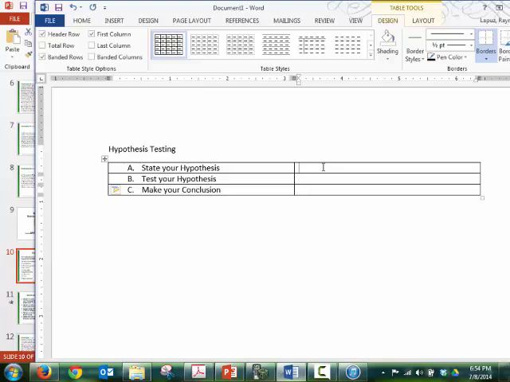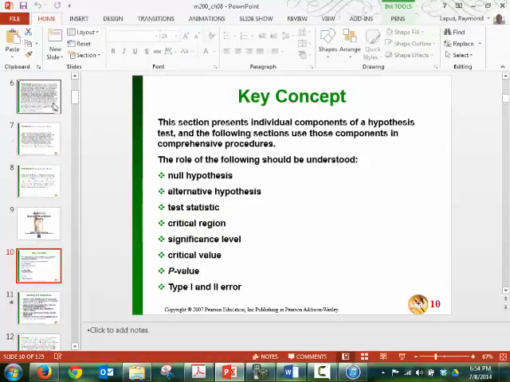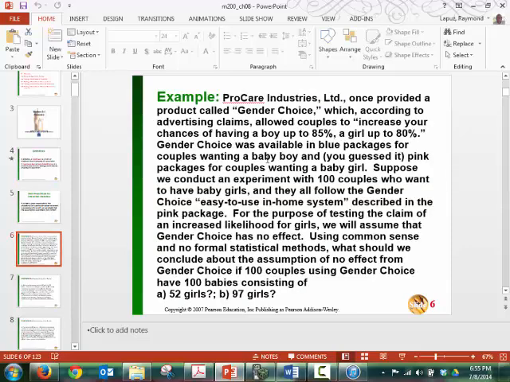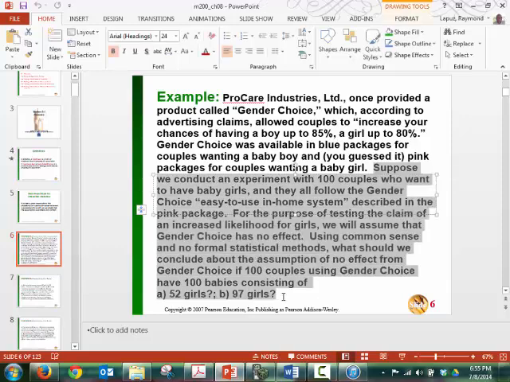So in that baby example, we'll go back to that Word file in a minute. What we could do in this example is use it as an example of how we're going to state our hypothesis and what we're going to say about it.